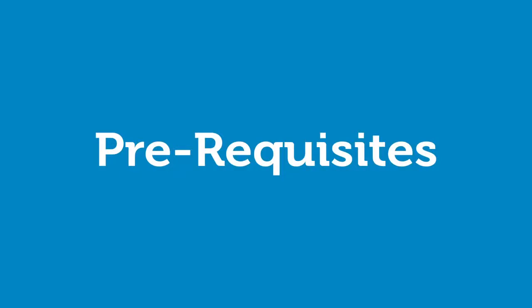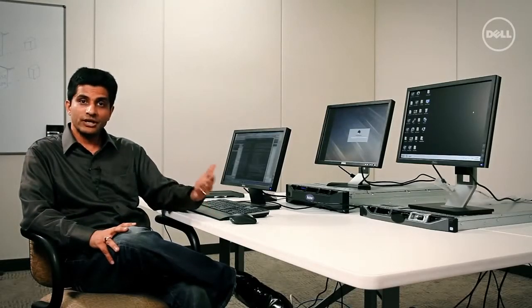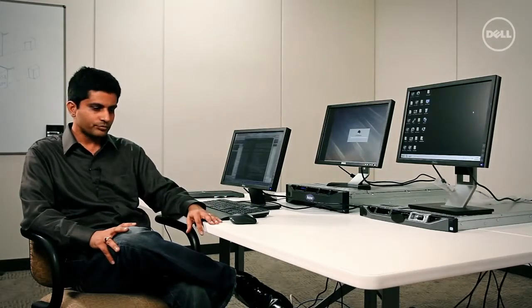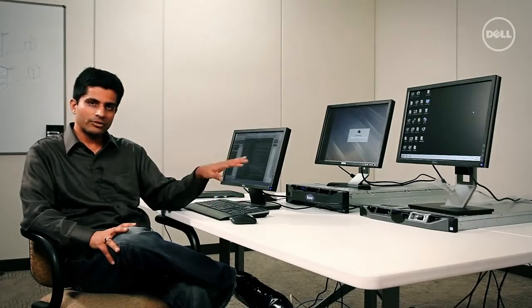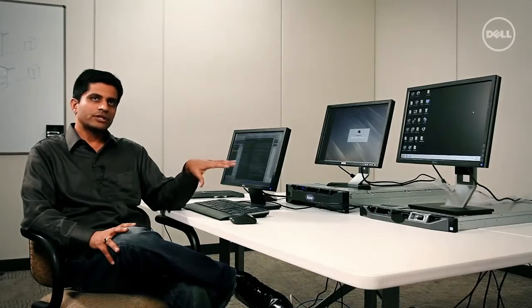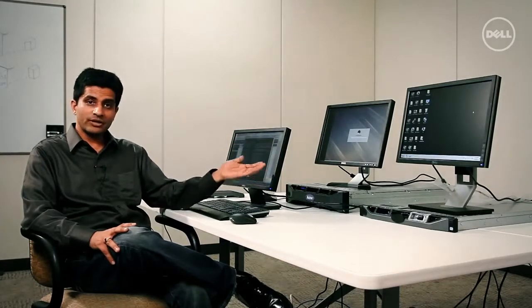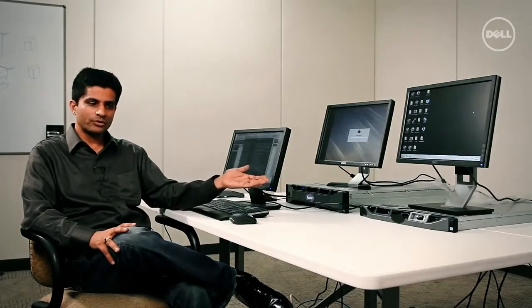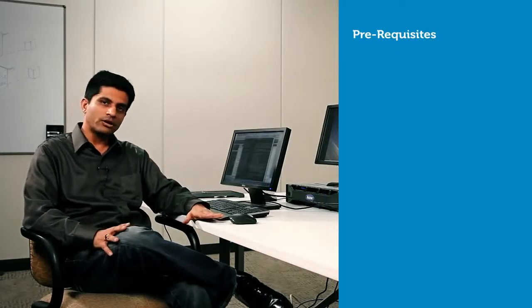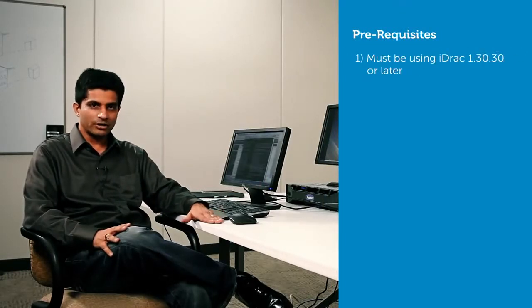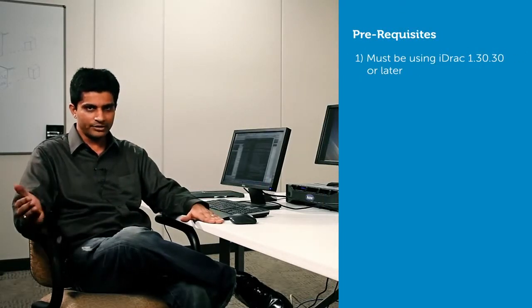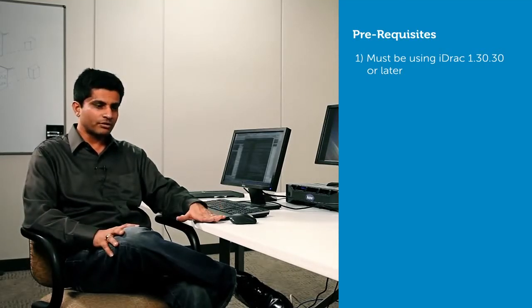Let's talk about prerequisites. If you have identity modules already in the field, the first thing you would need is the code that implements the Identity Module dupe support, and that will be available only on iDRAC revision 1.30.30 and later. That's the bare minimum requirement.